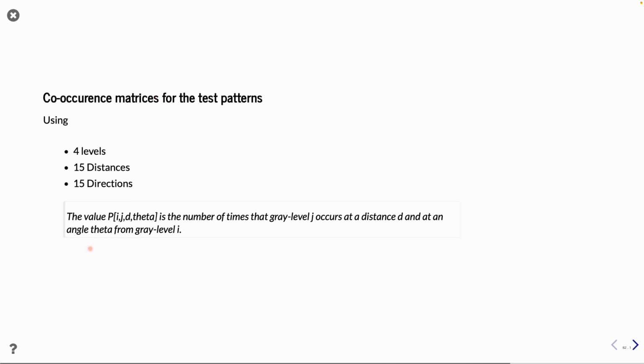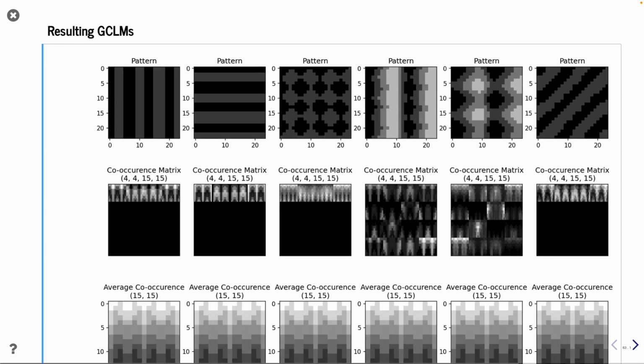So in this example, we're taking these images. We want to look at 4 levels, 15 distances, and 15 directions. So it's rotating and probing and scanning the image in different orientations.